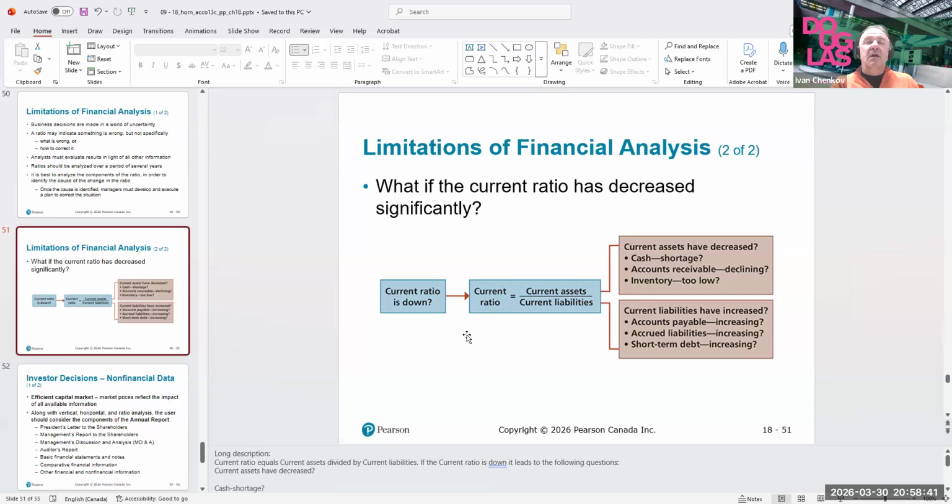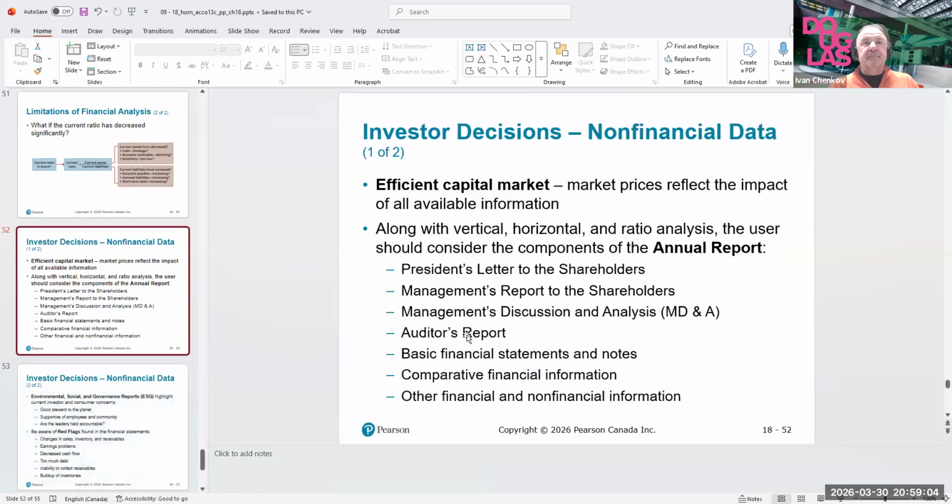Is it because the inventory value went down, or is it because the accounts receivable are declining? What exactly does that mean? That's where you should look, by knowing the elements of the single ratio and what's in the denominator and what's in the numerator.